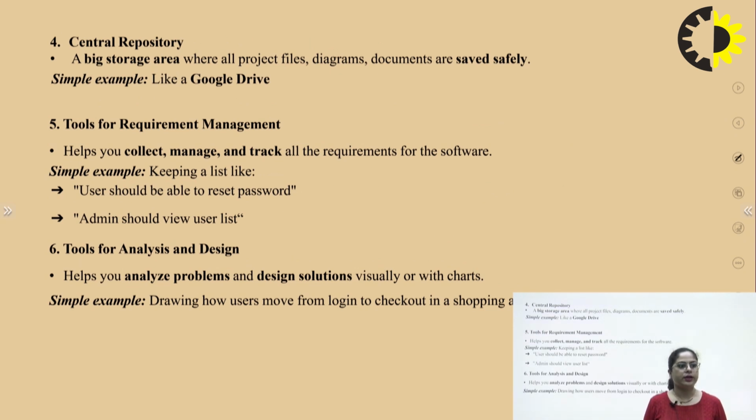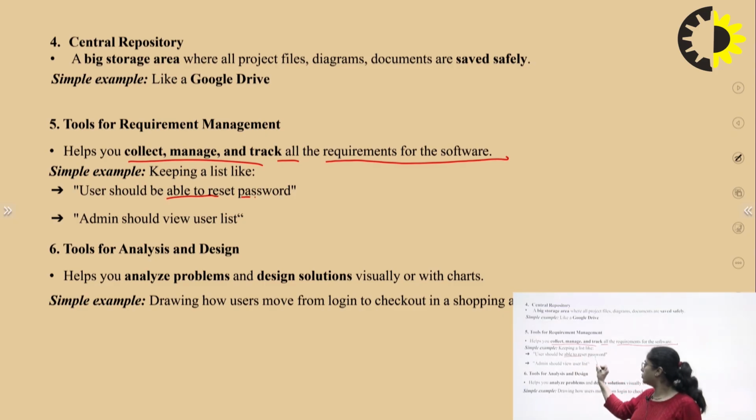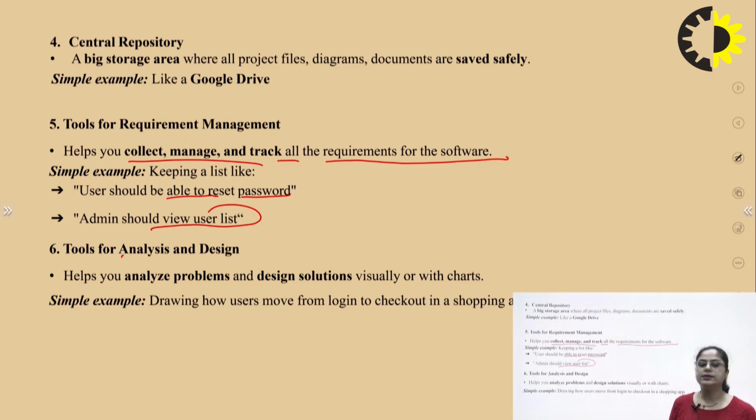Fourth is the central repository, a big data storage area where all project files, diagrams and documents are saved safely. Fifth is the tools for requirement management, which help you collect, manage and track all requirements of the software. For example, the user should be able to reset the password, the admin should view the user list. Sixth is the tools for analysis and design.